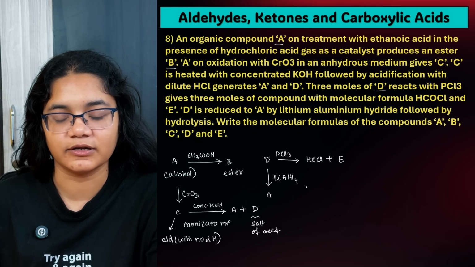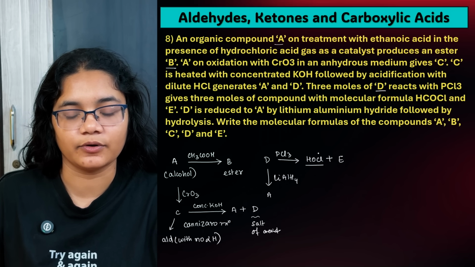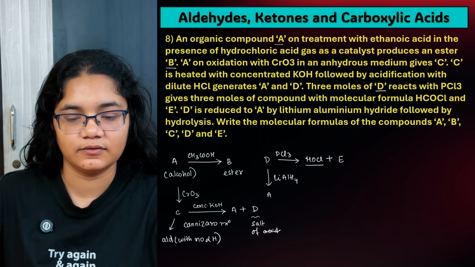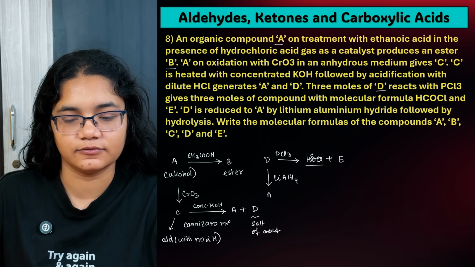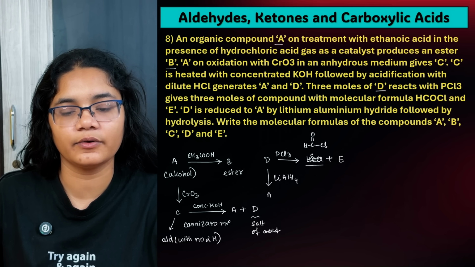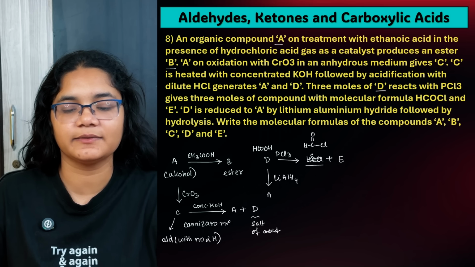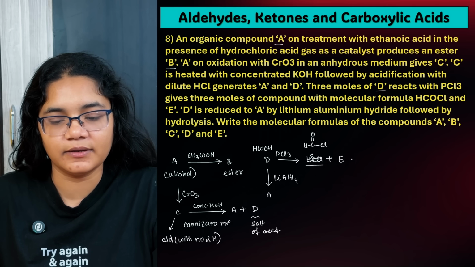Write the molecular formulas of compound A, B, C and D. So if I'm getting HOCl, okay, oh sorry, this one is, so this is like this. Okay, so that means D must be HCOOH. Okay, D must be HCOOH. Then E will be byproduct here, H3PO3.